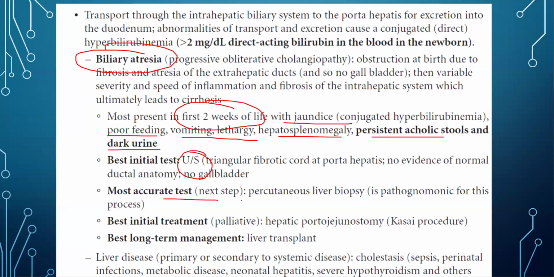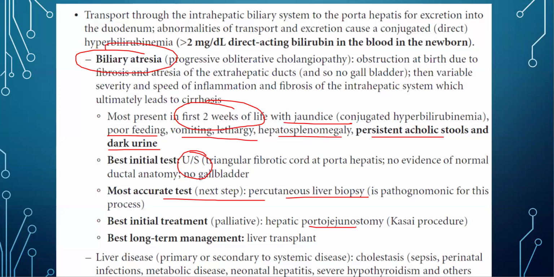If you want to confirm the diagnosis, it can be done by liver biopsy. But most of the time, ultrasound is enough to diagnose. So initial test is ultrasound. Confirmatory test is percutaneous liver biopsy. The initial treatment is hepatic portojejunostomy. So we just make a bypass so that the bile can be transported.